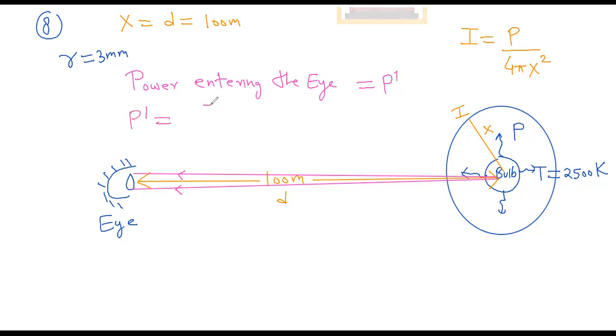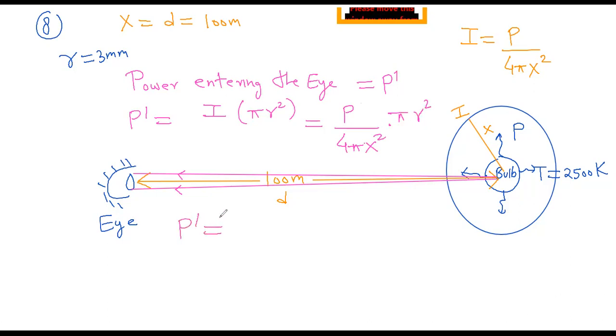So P dash will be I into pi r square. So it will be P upon 4 pi x square into pi r square.